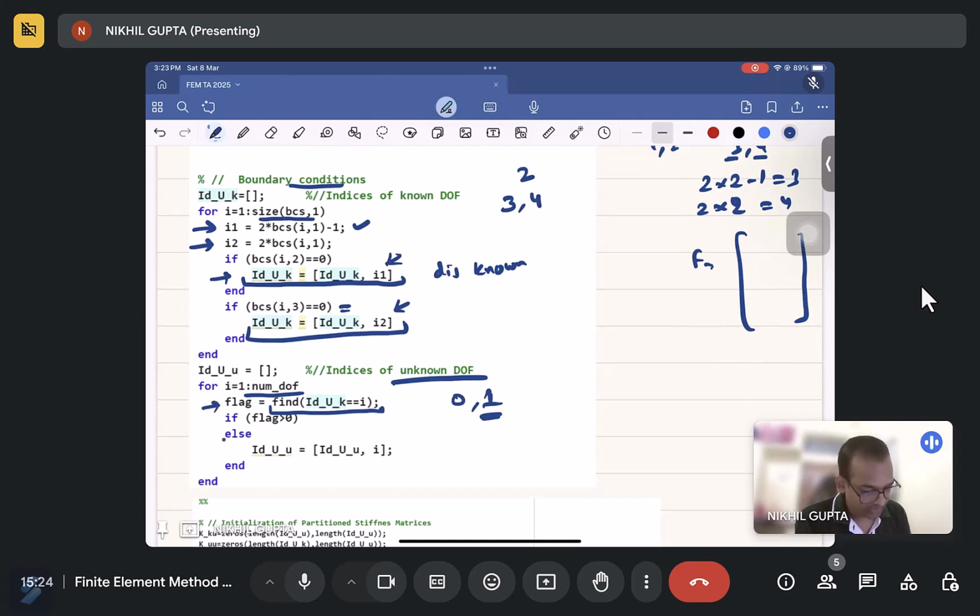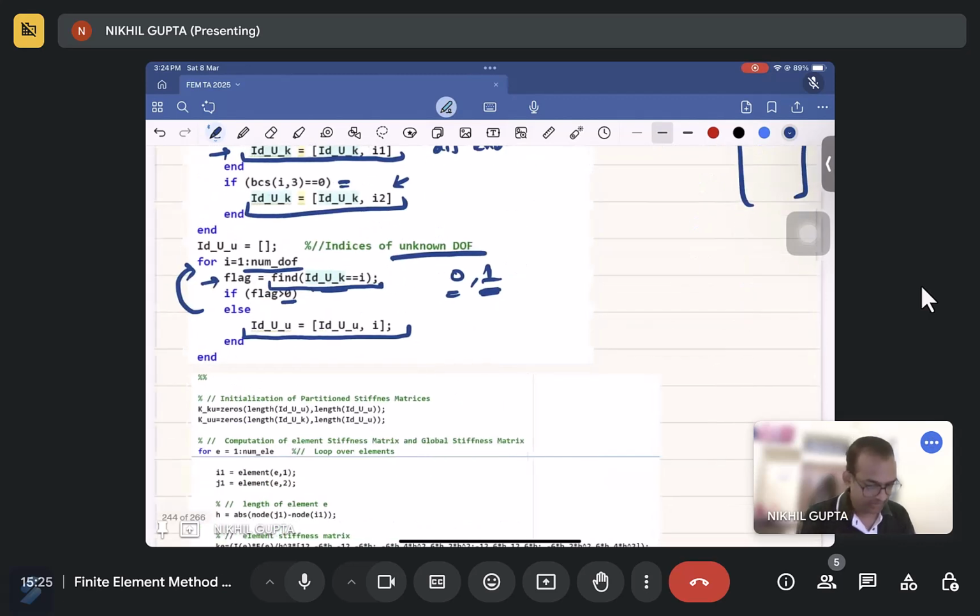If not, then it will give 0. When this condition is satisfied, meaning that degree of freedom has the uk, you don't have to do anything. It will give 1, and nothing needs to be done, you just increase the loop number. But if this is not found, it will put the indices in iduu. So now you have iduk and iduu as two vectors where you have defined the indices for known and unknown displacements.